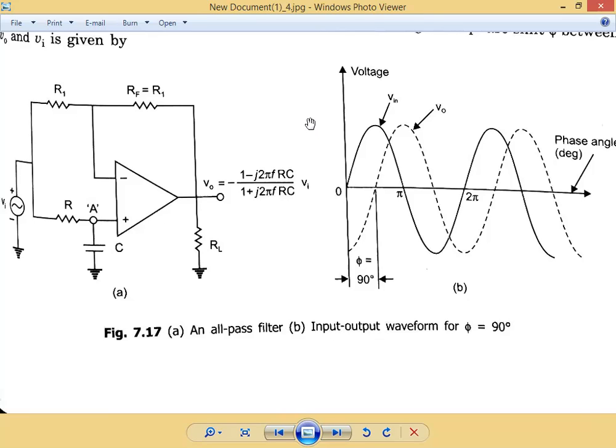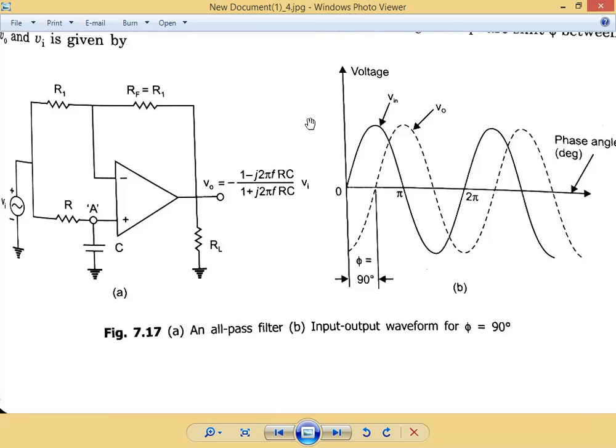So in the case of telephone lines, where phase changes of the signals may occur, we use this all-pass filter. The all-pass filter is also called a delay equalizer or phase corrector, as it adjusts the phase of the signals.